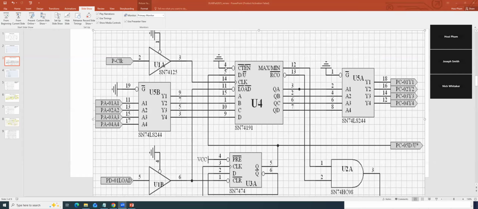When U4 goes up to 15 maximum, pin 12 goes up. RCO 13 is for counting down. Normally high. When the counter counts down to 0, pin 13 goes down to 0. Okay?